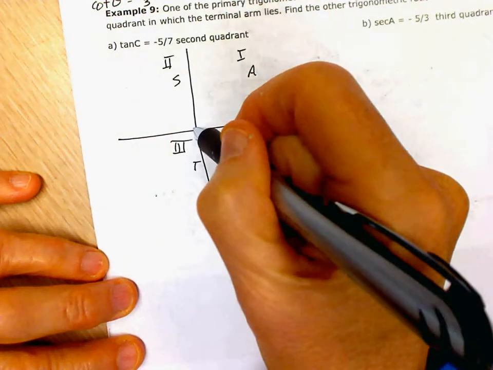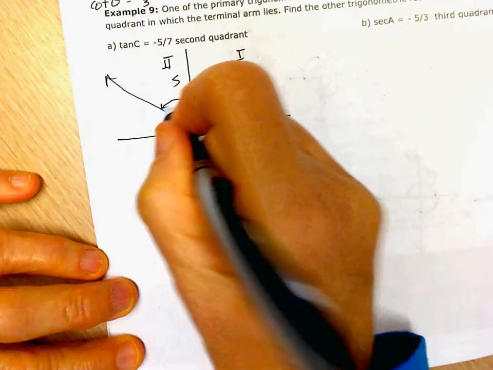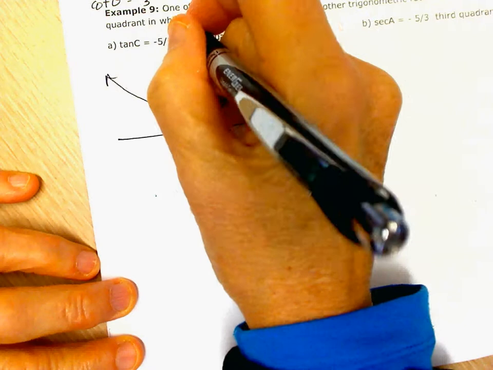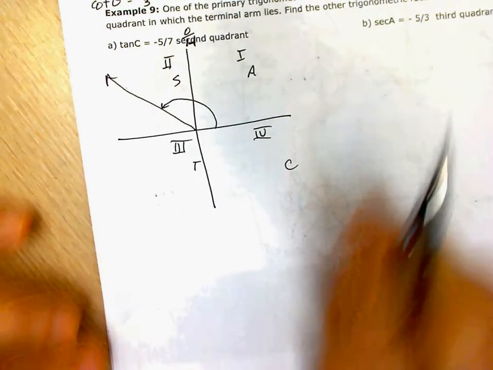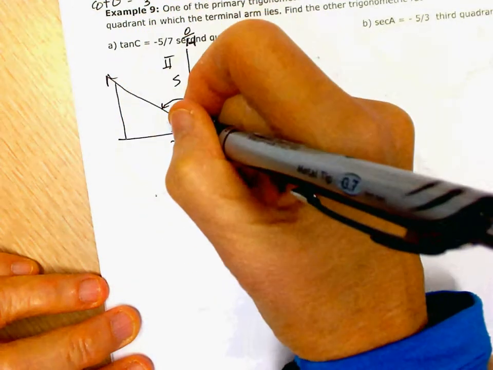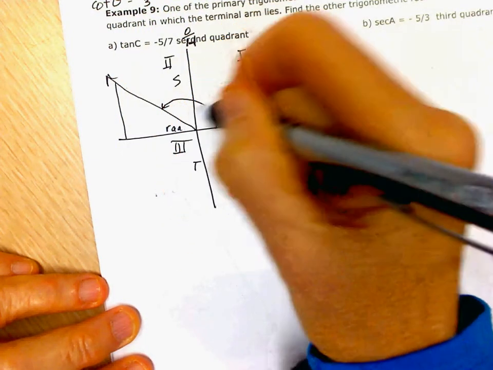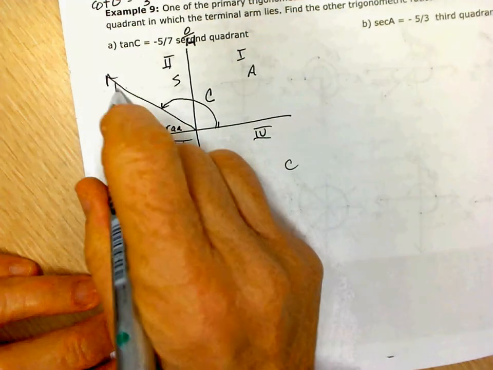You know tan here is negative. You know tan is opposite over hypotenuse. This is the related acute angle. This is C, but our related acute angle is here.